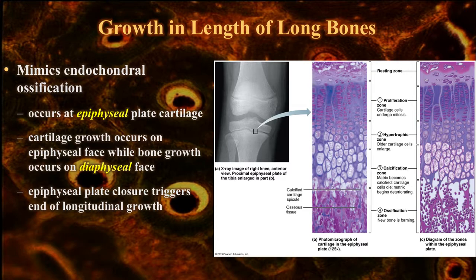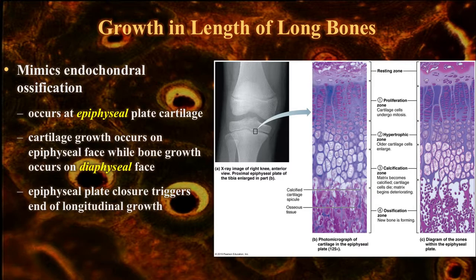On this side of the cartilage, up close to the epiphysis, the hyaline cartilage is growing, and you're adding more cartilage on, and it's going to push it up this direction. So over time, this line is going to move over here because we're adding more cartilage into that epiphyseal plate.